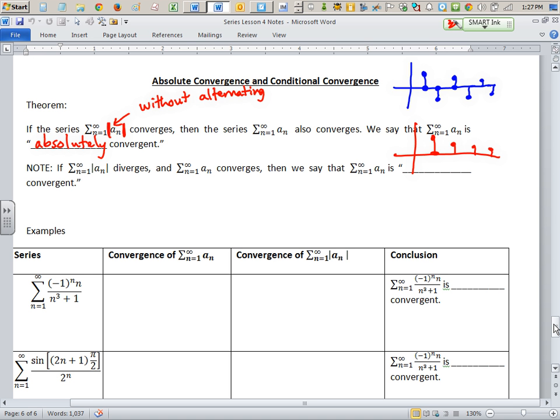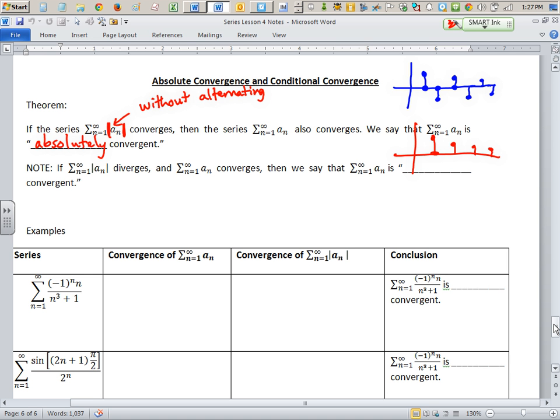How many think the blue one is more likely to converge? How many think the red one's more likely to converge? Okay, the problem with the red is when we start to add up all the red segments, the thing gets longer and longer and longer. See? Here we have some where the segments are pointing downwards and they count as subtraction. So this is much more likely to converge with all the negatives in there, see?